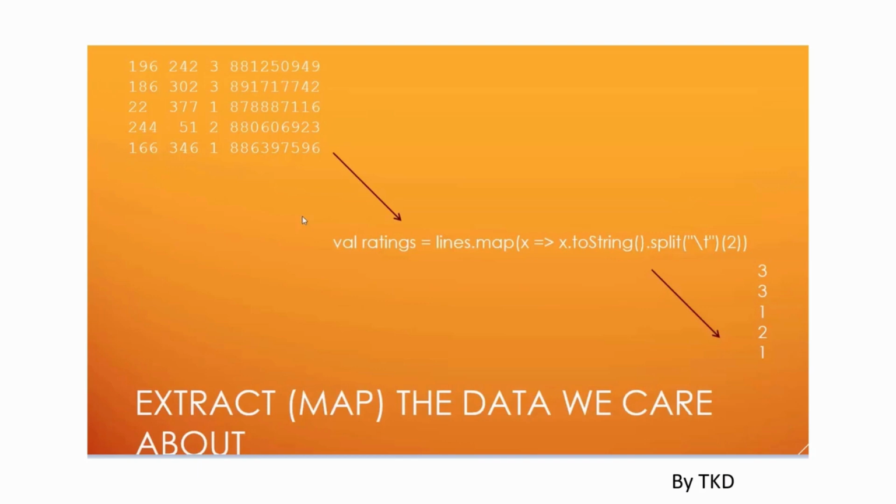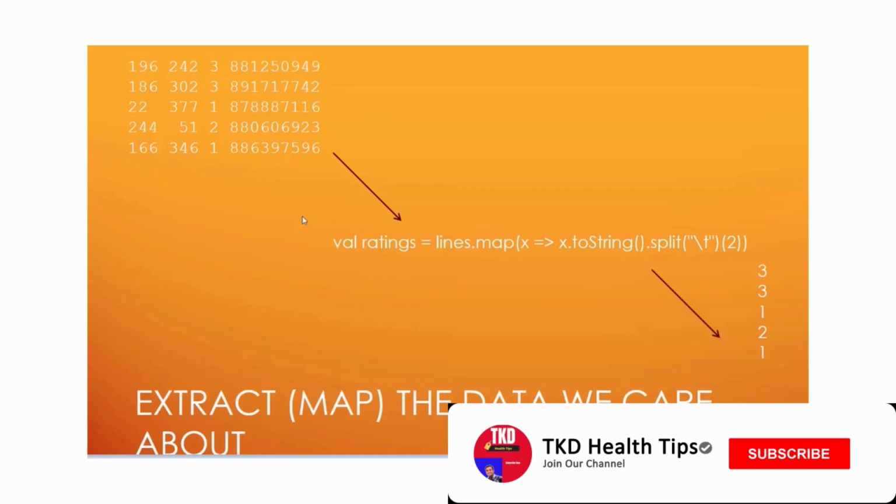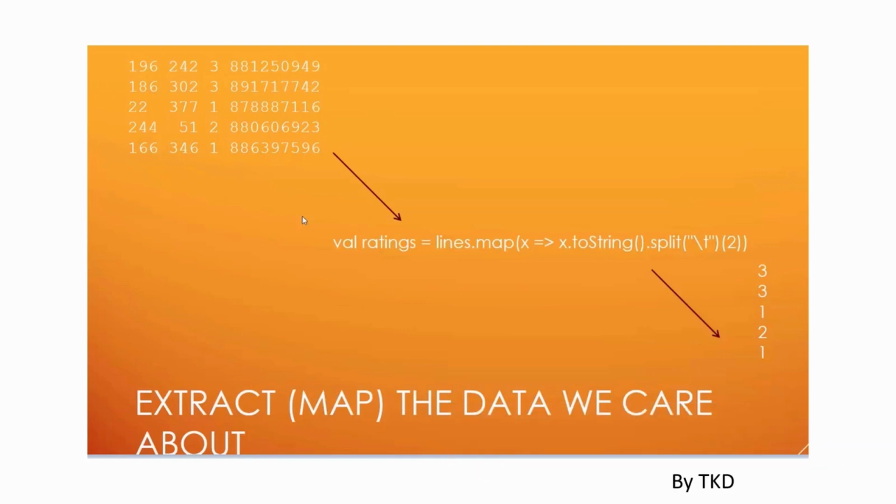Now we have a ratings RDD where each row is the actual rating value for each individual rating. In this example, we start with just a list of 3, 3, 1, 2, 1, because those are the actual rating star values for each row of input data.